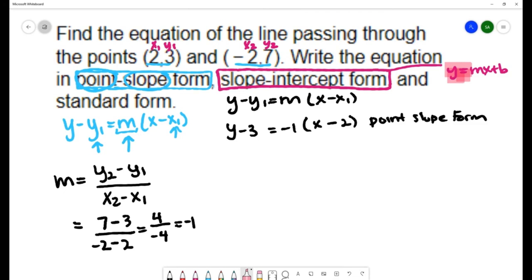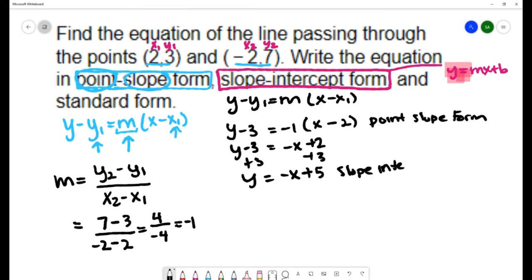I'm going to get rid of these parentheses using the distributive property. Negative 1 times x is negative x. Negative 1 times negative 2 is positive 2. Then I'll add 3 on both sides to give y equals negative x plus 5. So now we've rewritten the equation in slope-intercept form.